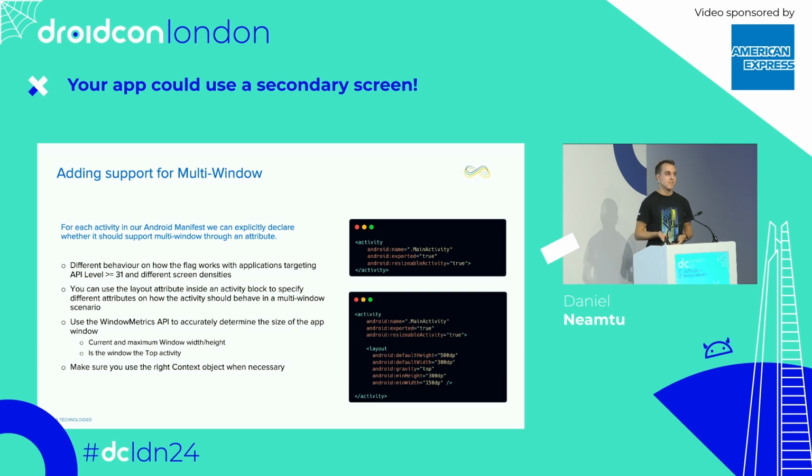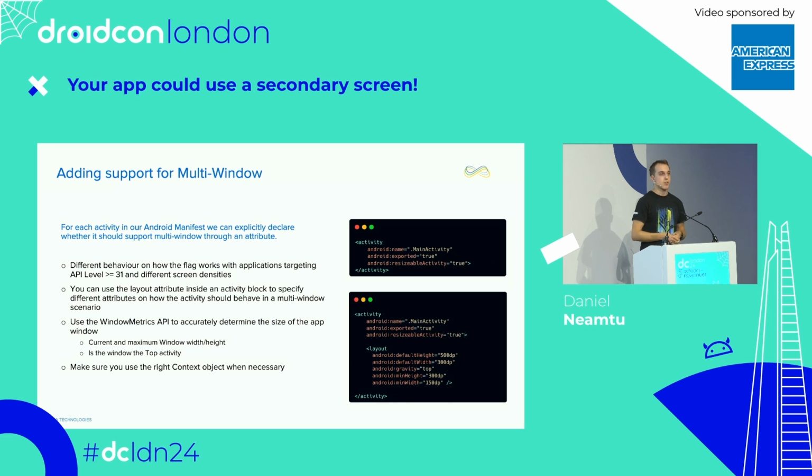But this attribute is enabled by default. So you don't actually have to use it, because automatically the operating system will try in the best way to optimize your activity to be used on a larger display, or not just a larger display, but also on a foldable screen, because we are not just talking about secondary screens, but also foldables.